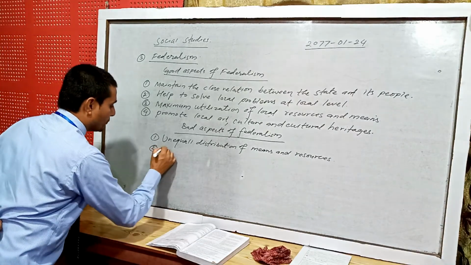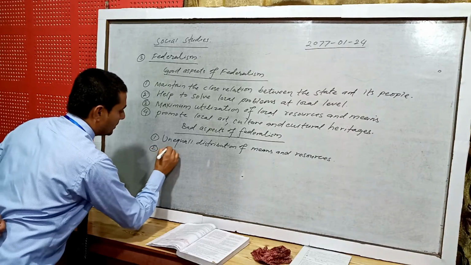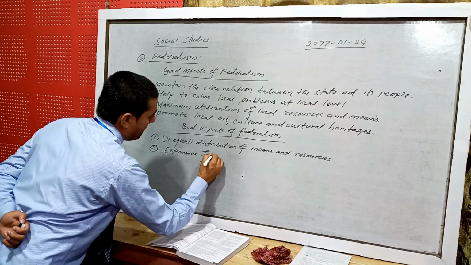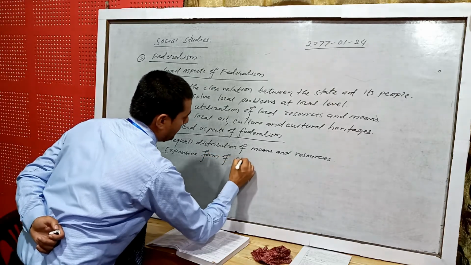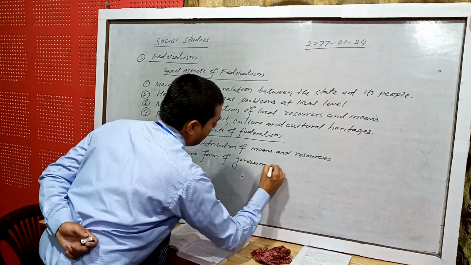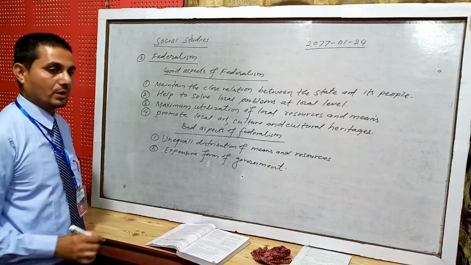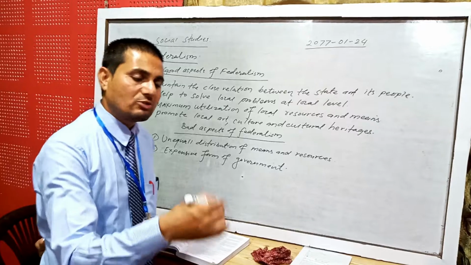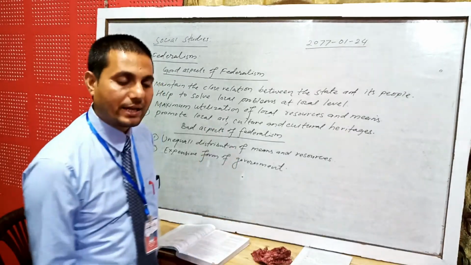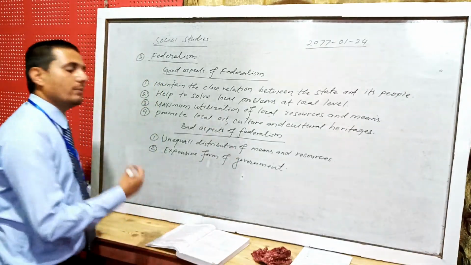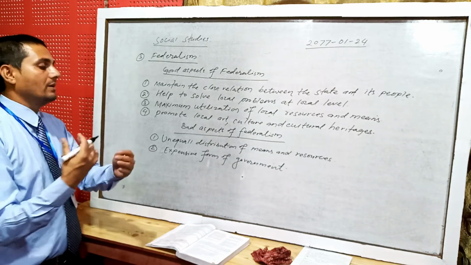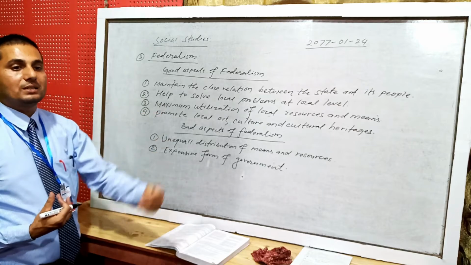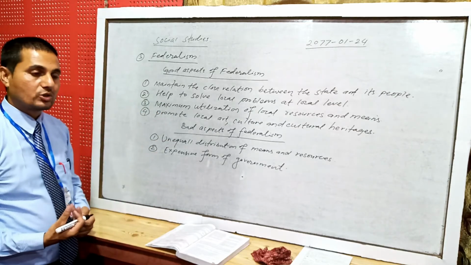Next one is expensive form of government. Central power is decentralized to the local area, in which more and more governments are formed. Previously, before federalism, only central government was there.